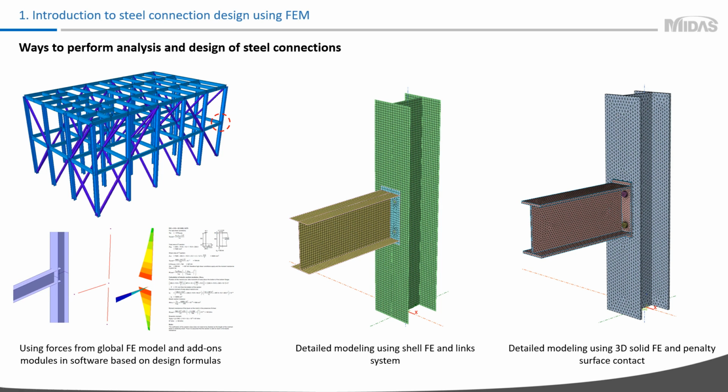All parts of connections, like members, bolts, welds, are made of solid elements. And here we also use the surface contact penalty method or interface elements for interaction. So using Midas software, it's possible to consider all these types of connections.